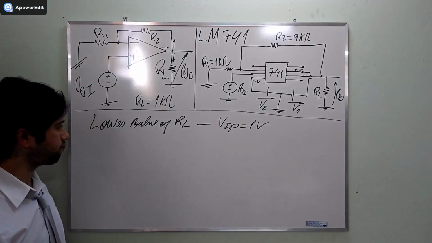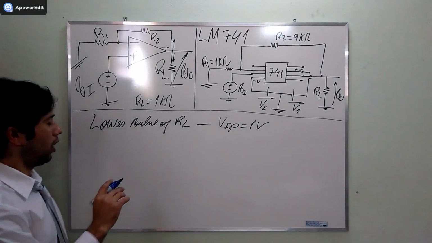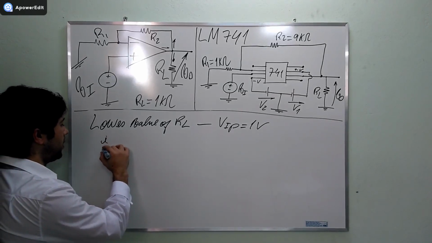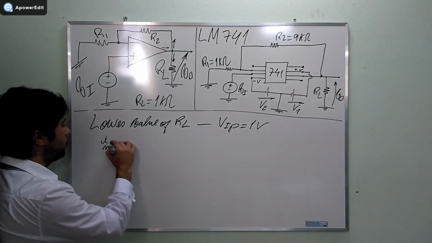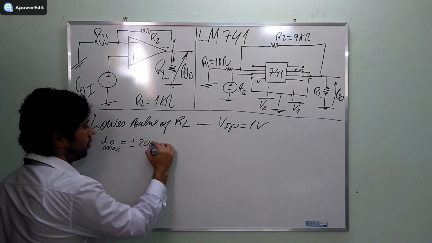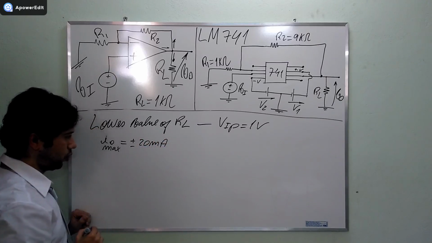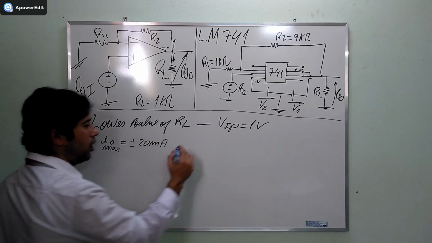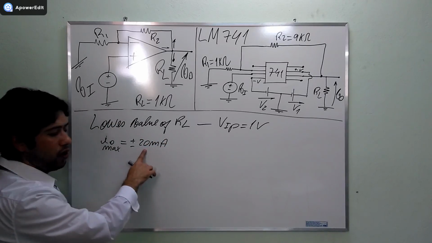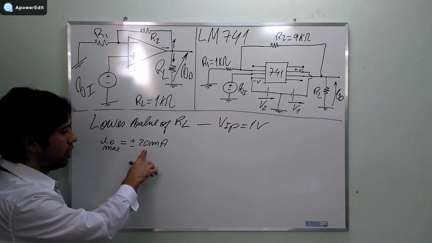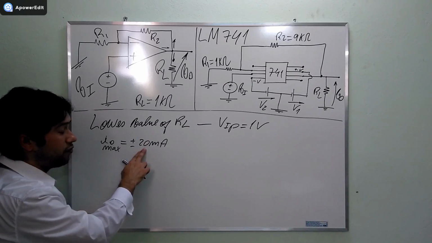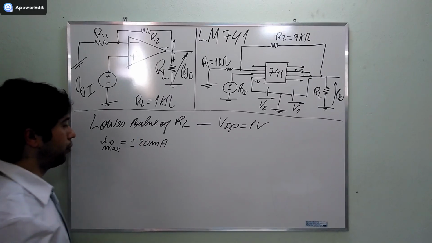Okay. Remember, the maximum output current is plus minus 20 milliamperes. Okay? Alright? We are going to use this value here. Beyond this, we are going to have disturbed outputs. This is the limit for undisturbed outputs.